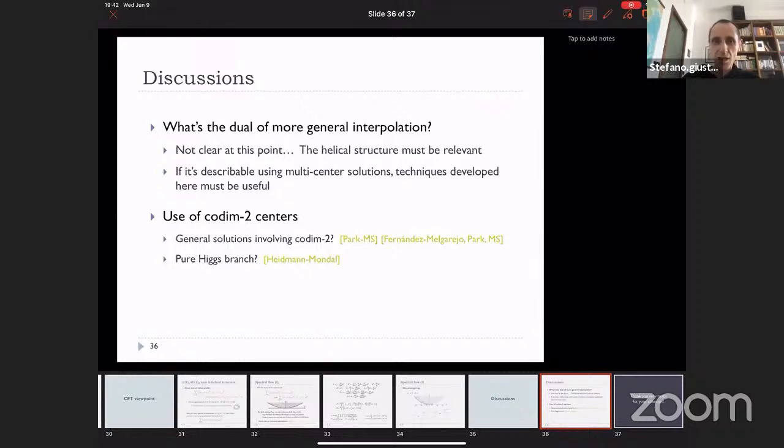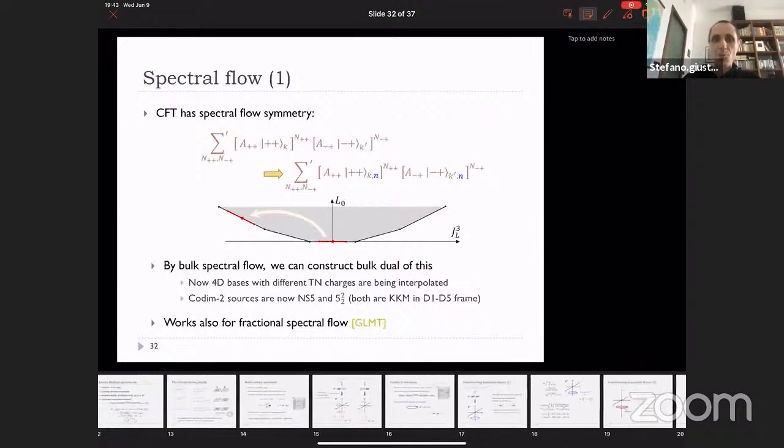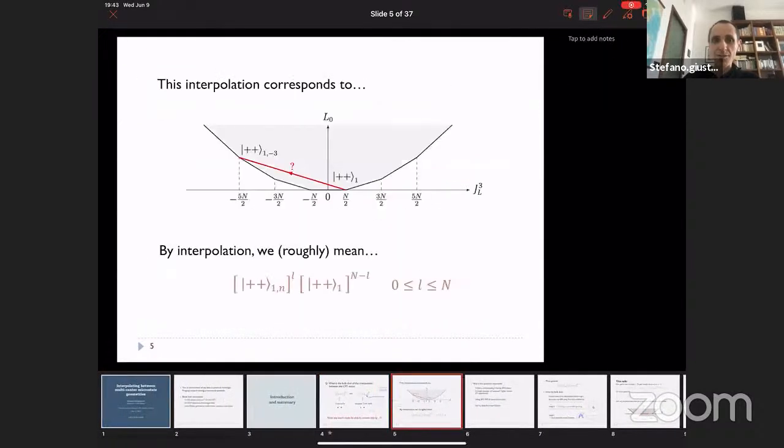Contrary to the case you have considered, where the whole interpolating solution is certainly a supergravity state. But in the general case, as you also said, it's likely that the interpolating solution is actually a string state. So what do you think is the appropriate framework to study this type of solutions? Are you still solving supergravity equations or what?